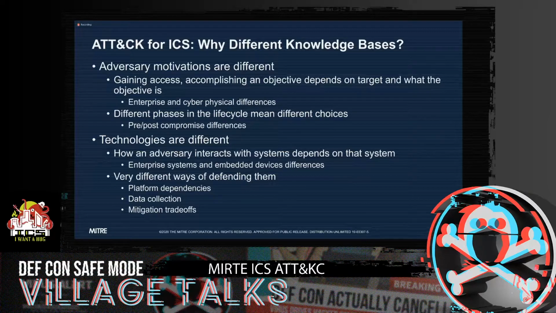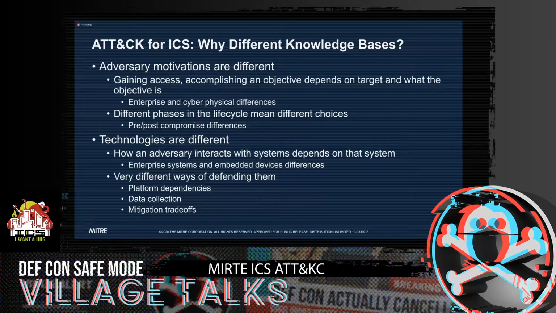So on attack.mitre.org, you'll see a number of knowledge bases that are associated with technology domains. You'll see enterprise, you'll see cloud, you'll see mobile, and now you see ICS up there as well. Why do we have different knowledge bases?